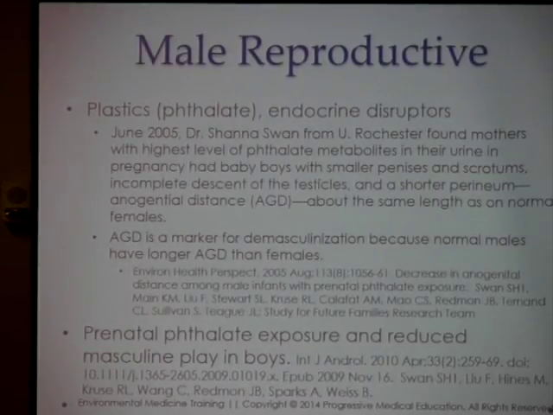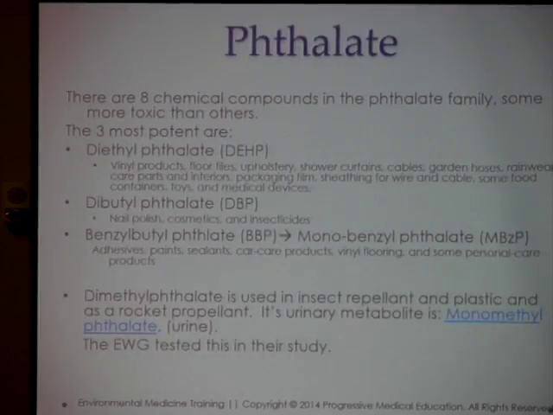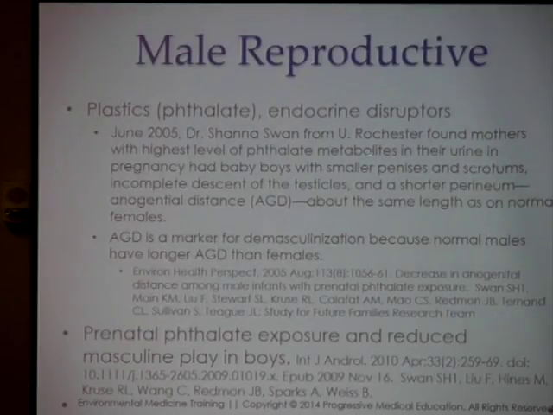For male reproduction, we're seeing young boys born with malformed genitalia, and we know that's due to a couple of endocrine disruptors. Dr. Swan from the University of Rochester published what I consider a landmark study that measured the perineal distance in young boys and how that's changed over time, and correlated that with maternal circulating levels of phthalates.